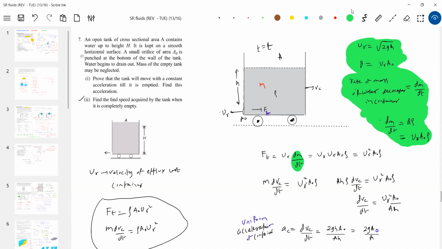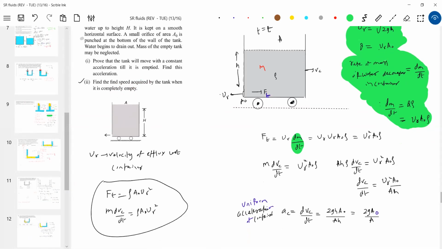Okay, now the question is asking, find the speed acquired by the tank when it is completely empty. How to bring this one? What is the time taken for it to empty? You calculate, and you know constant acceleration.